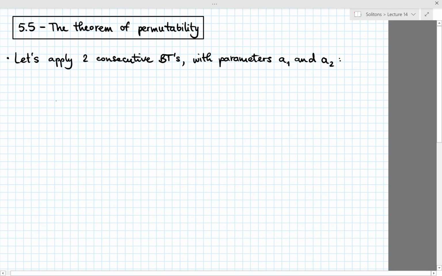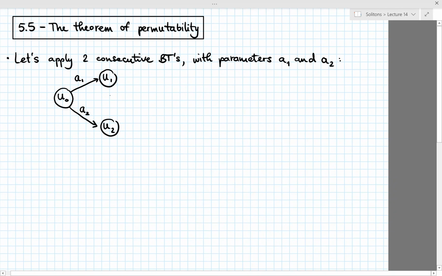So we'll start from a seed solution U0. Then either we apply a Backlund transform with parameter A1, and we get to a new solution called U1, or we apply a Backlund transform with parameter A2, and we get to a different solution U2.